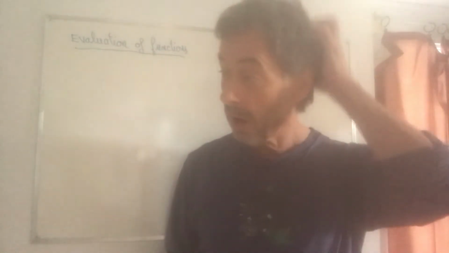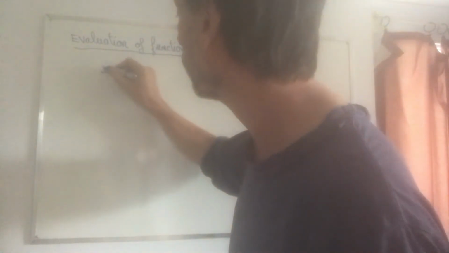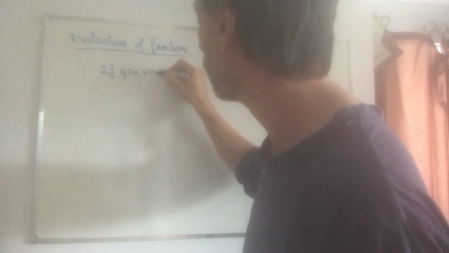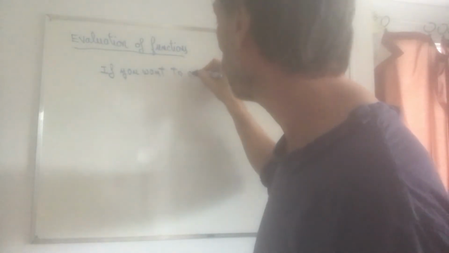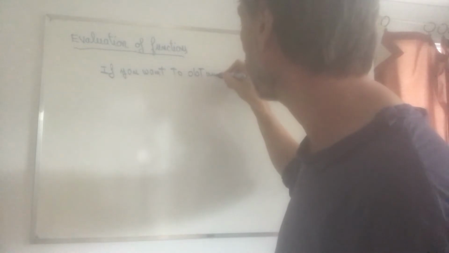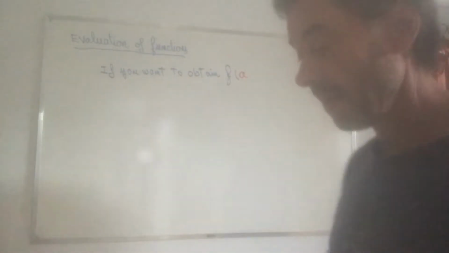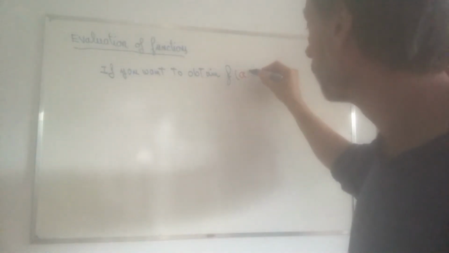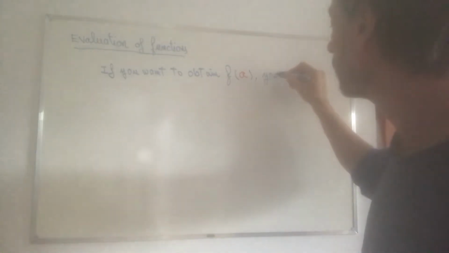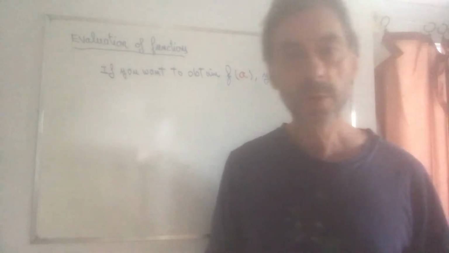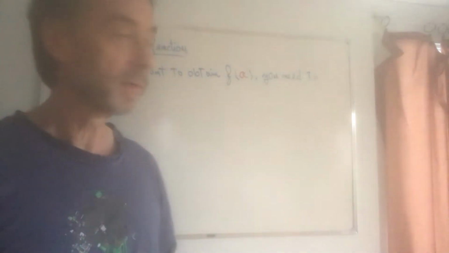And for that, well, we already pretty much know what's going on, right? If you want to obtain f of a, if you want to obtain f evaluated at a point a, how do I find f of a?